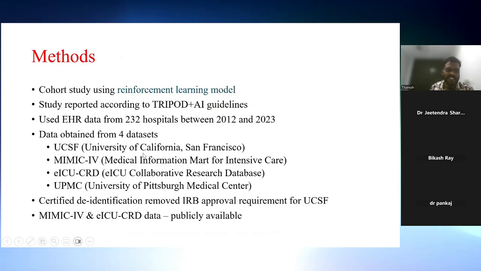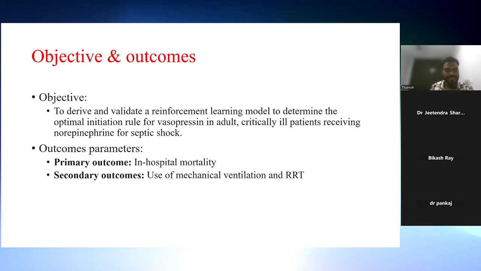They used data from 4 datasets: UCSF and UPMC, which are the University of California and University of Pittsburgh, along with MIMIC-IV and eICU-CRD. It is certified de-identified, so institutional review approval was waived.